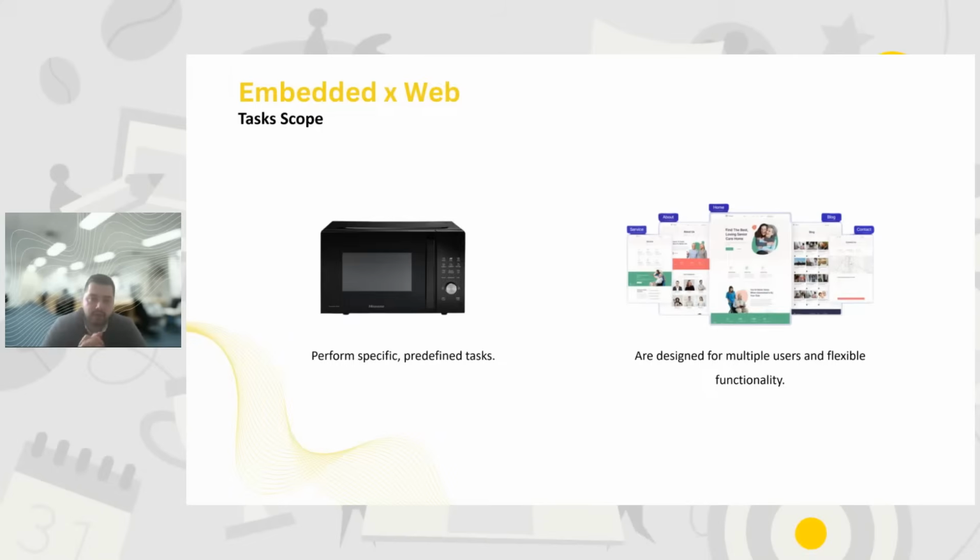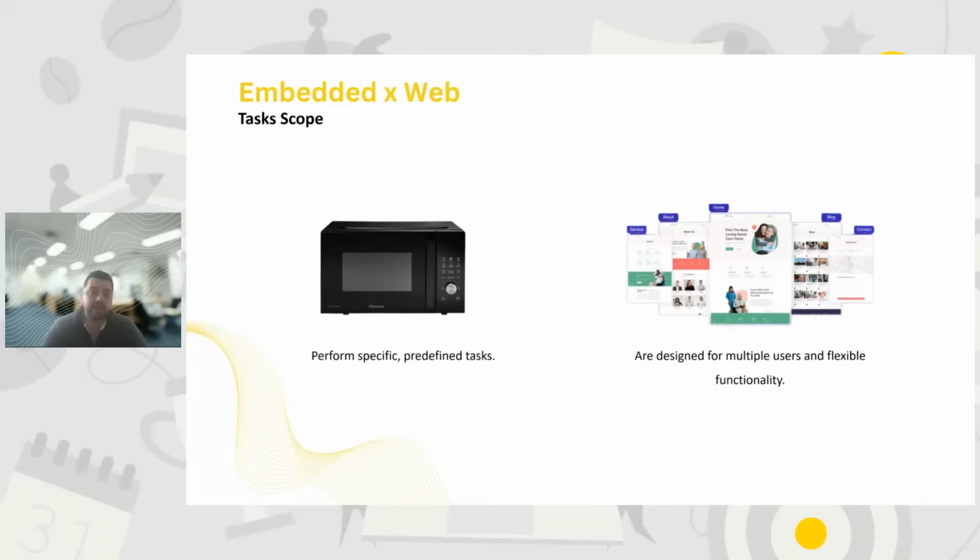When we are talking about embedded devices, generically speaking, they are designed to operate a specific functionality. Look at this microwave device. It's designed for a specific thing, cooking food. Of course, it's possible to adjust some parameters, like the time and the temperature, but the specific function is clear, objective, and that's it.